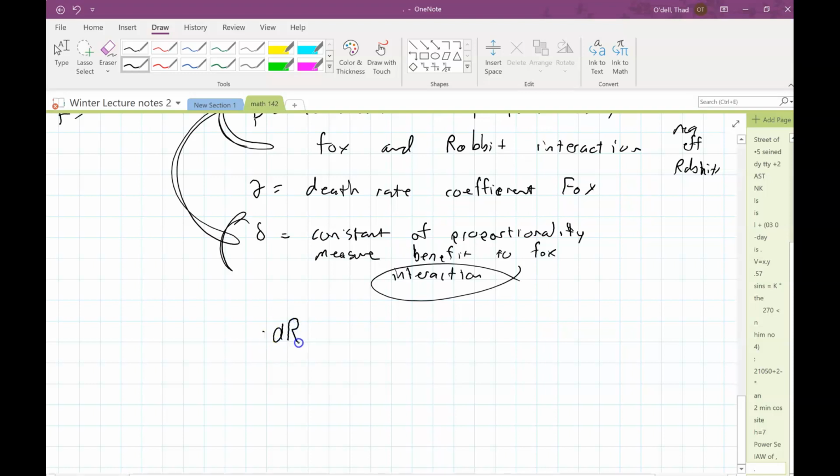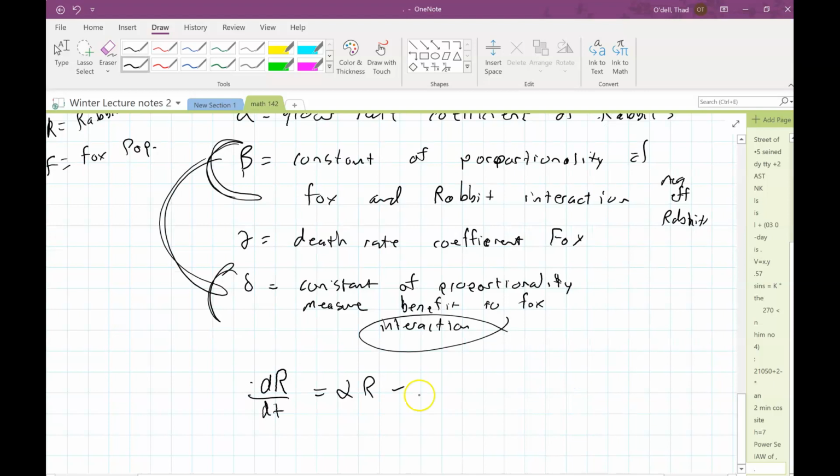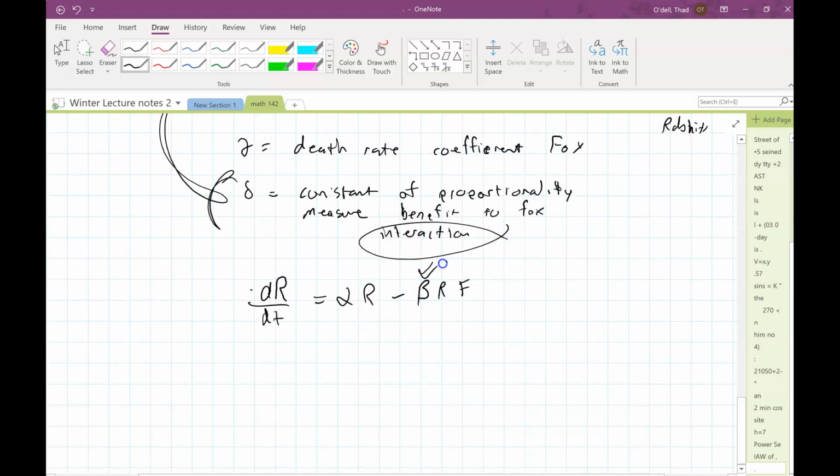So this is going to be dr/dt is equal to alpha times r, because that's just the growth rate of rabbits, right? But then there's this other factor, and remember we had a beta up here that's the negative effect of the fox and rabbit interacting. So we're going to take the number of rabbits times the number of fox, and when they interact, bad things happen to the rabbits. And this tells us the rate at which the bad things happen.